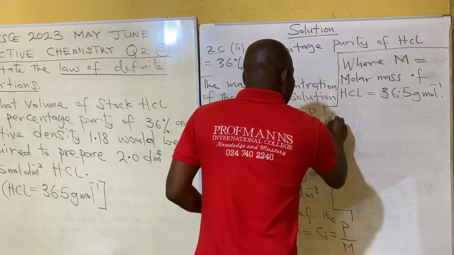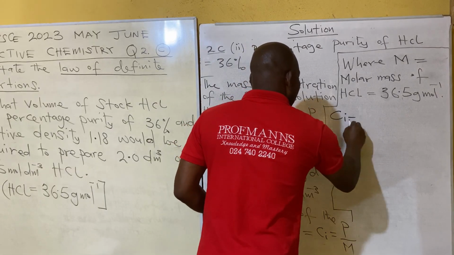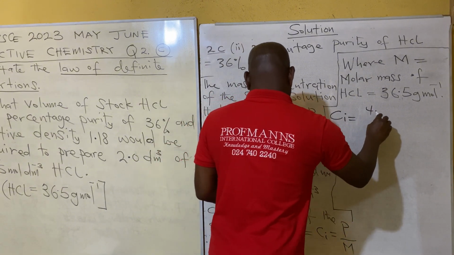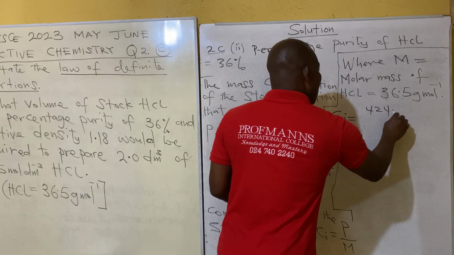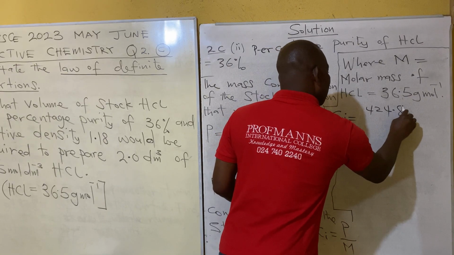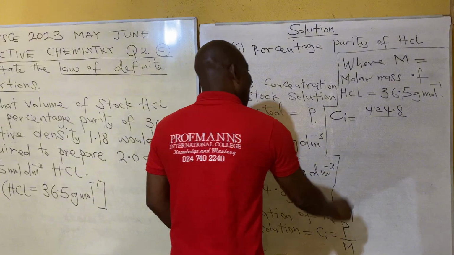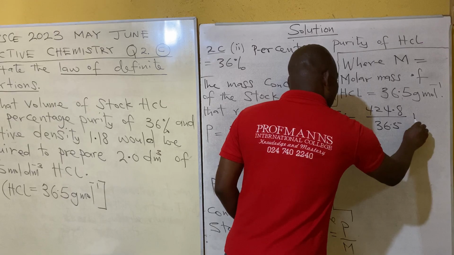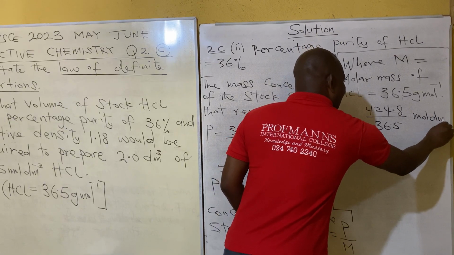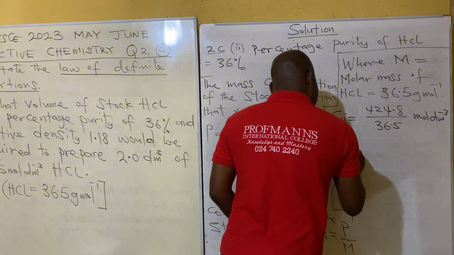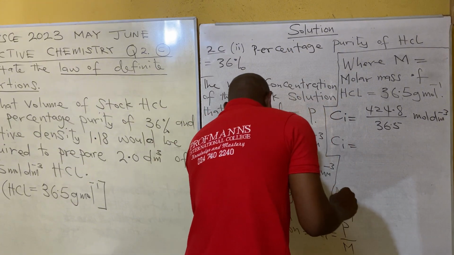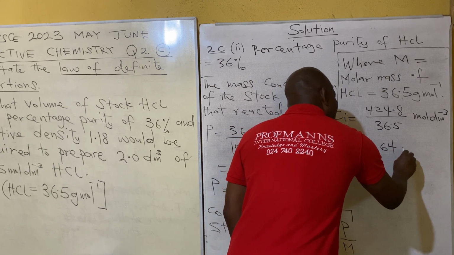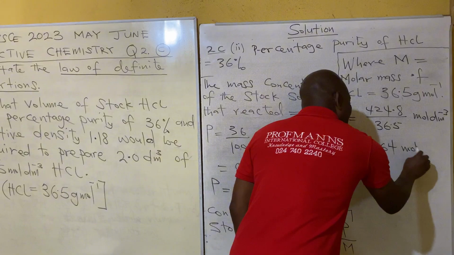So in this case, the concentration of the stock solution, which is Ci, is equal to 424.8 over the molar mass, which is 36.5, and then it's going to be mole per dm cube. So Ci is equal to, when we do the division, it is going to give us 11.64 mole per dm cube.